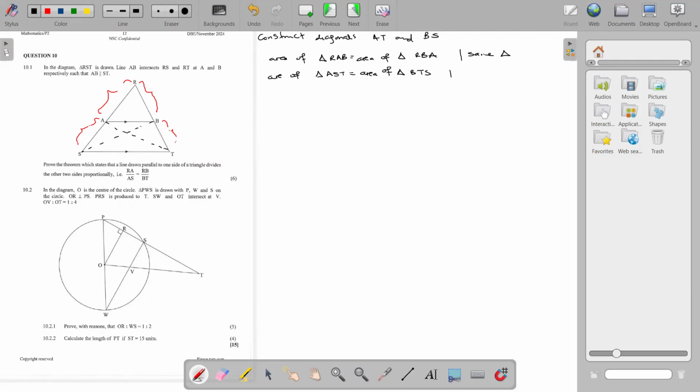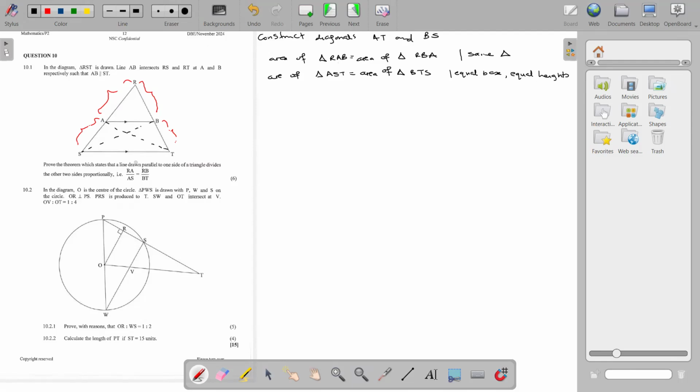What's the reason for that? If you check here, they are sharing the same base and they have a common perpendicular height. So the reason is equal base, equal height.